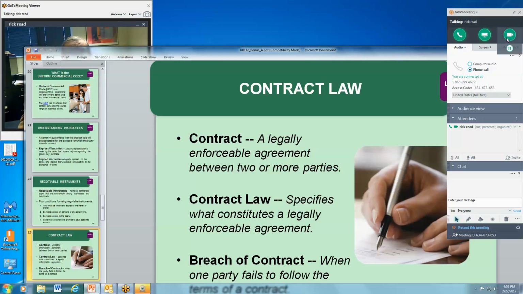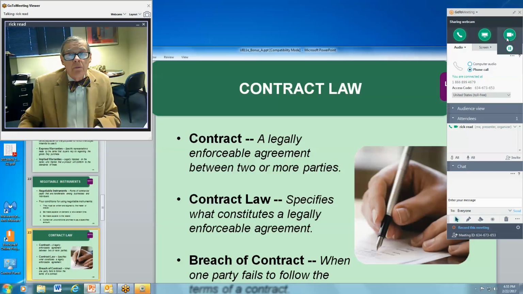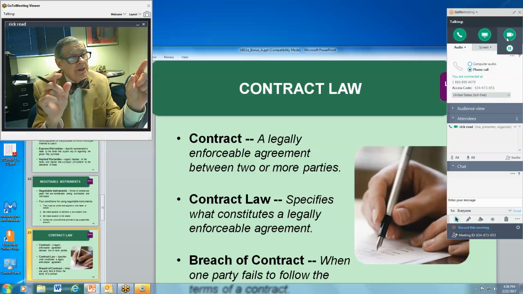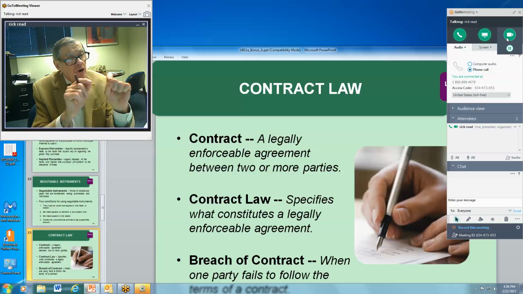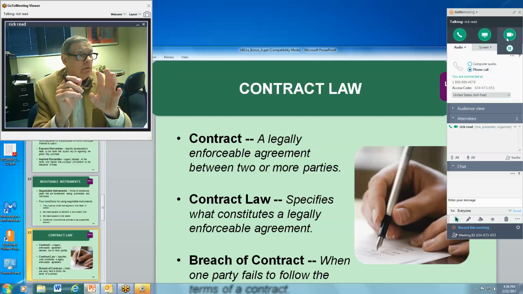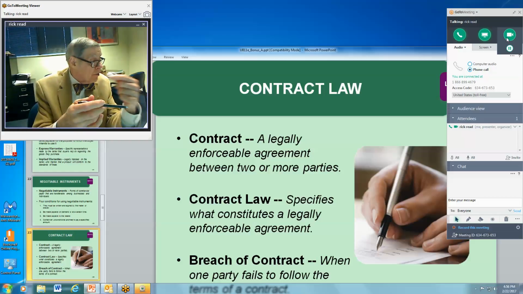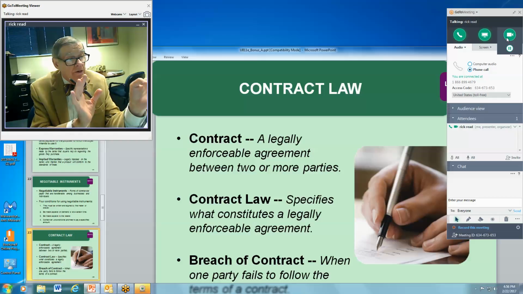So now we come to what's known as contract law. Notice the first words here: legally enforceable agreement between two or more parties to do something. So with contract law, we're going to get into the various things you have to have.